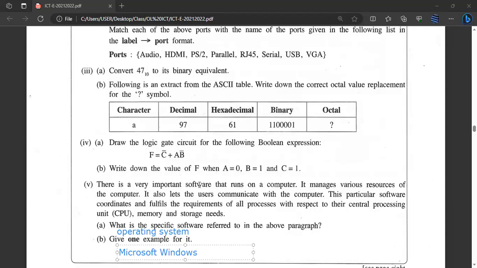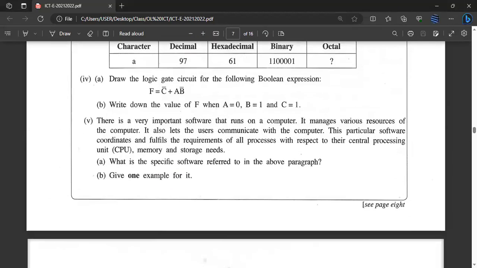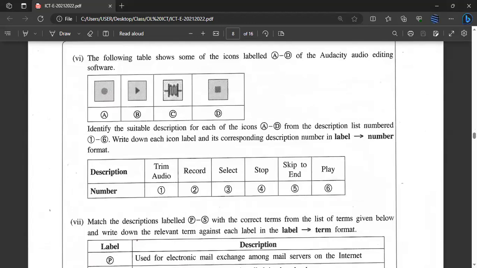Microsoft Windows, right. Then moving forward to the next question. The following table shows some of the icons labeled A to D of the Audacity audio editing software.